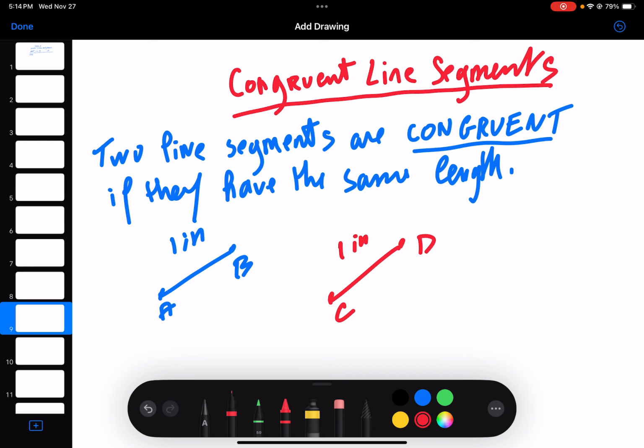Then we can say that line segment AB is congruent with line segment CD, right? So by the way, there's a symbol to show congruency.